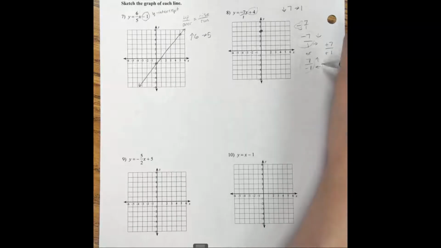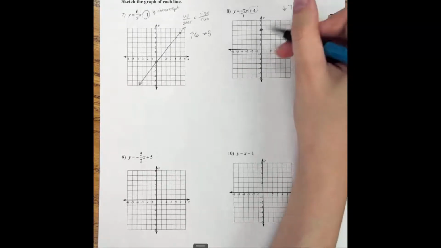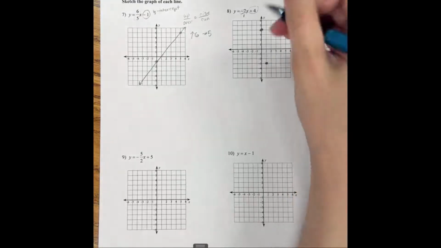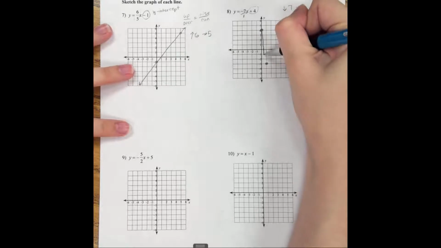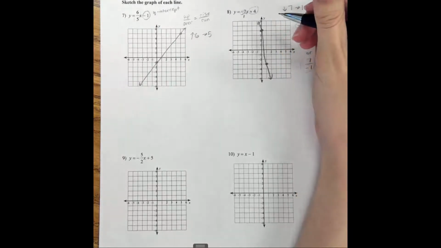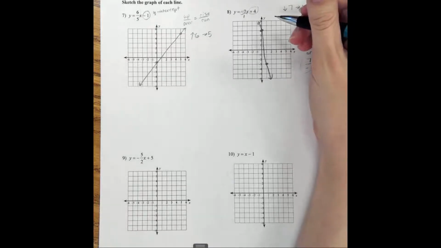We don't have room to do this second way, so I'm going to have to go down 7 and right 1. This is a very steep line. So you really got to watch out on those negative slopes to make sure that you put them the right way.